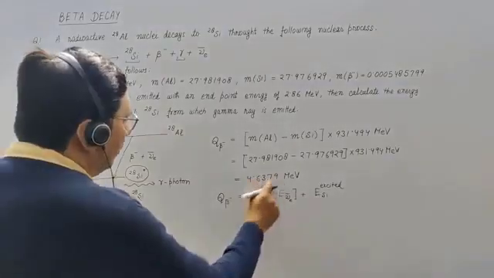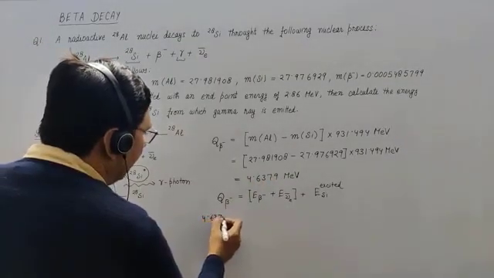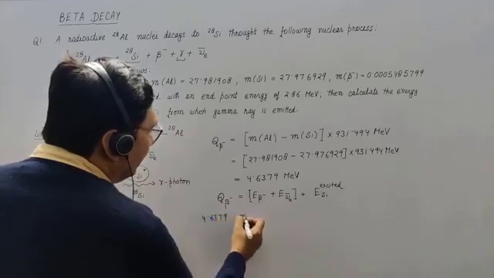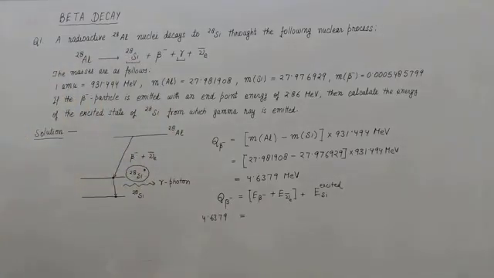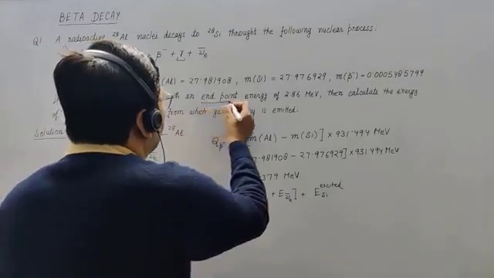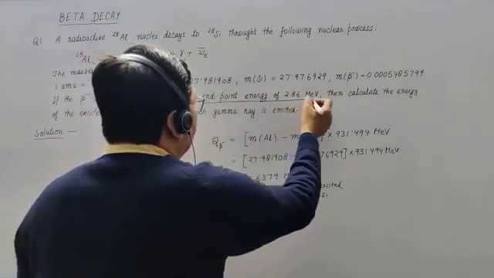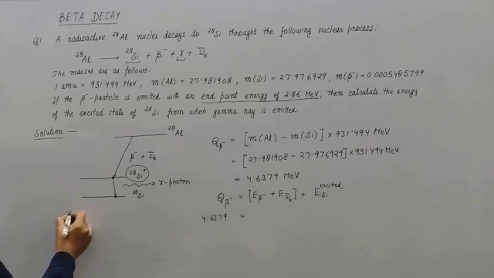Substitute these values. This is 4.6379 in MeV. Here E beta plus E gamma. E beta from where we are going to find? This is the endpoint energy. What is the meaning of endpoint energy?